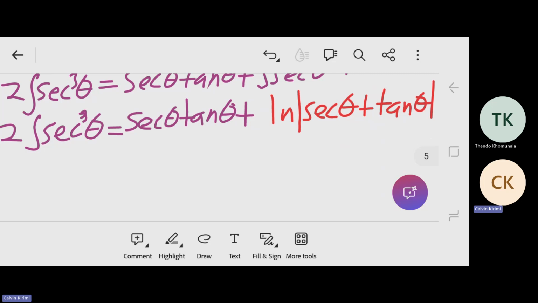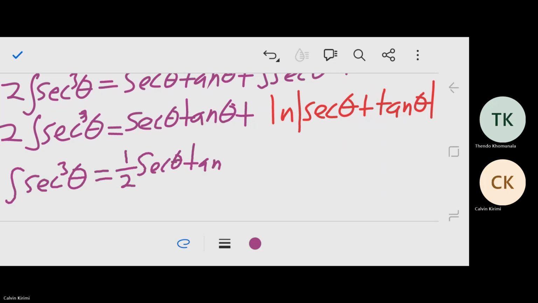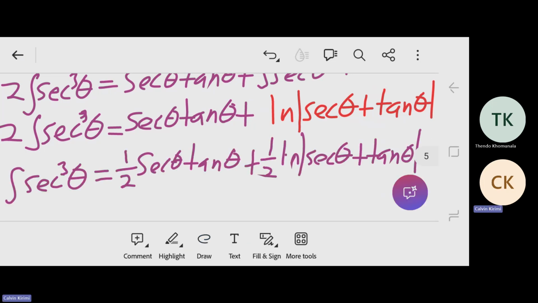The integral of secant cubed theta is equal to half secant theta tan theta plus half of the ln of the absolute value of secant theta plus tan theta, plus C.